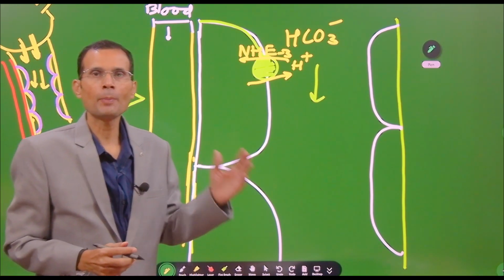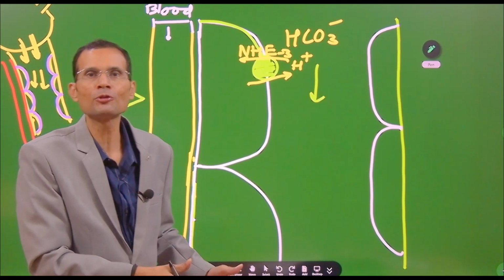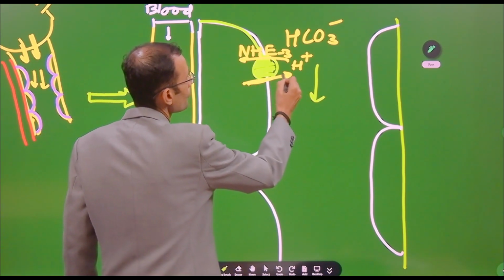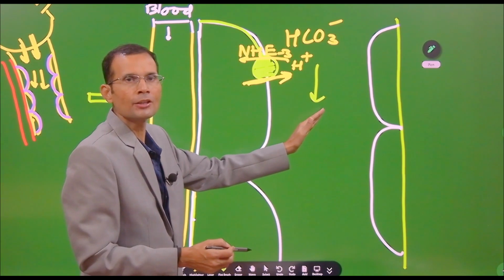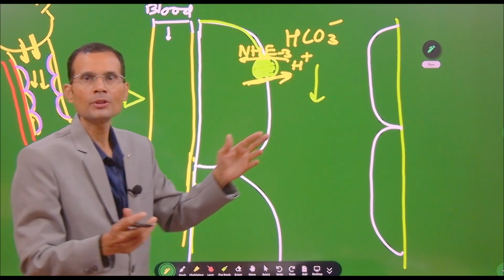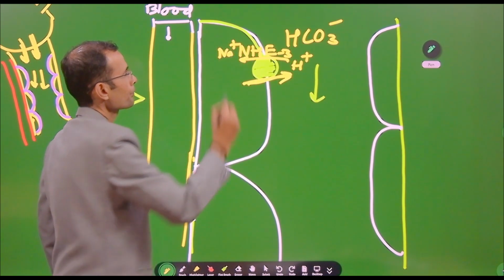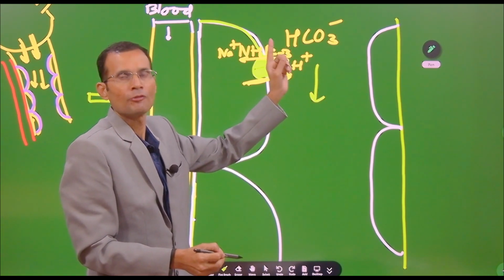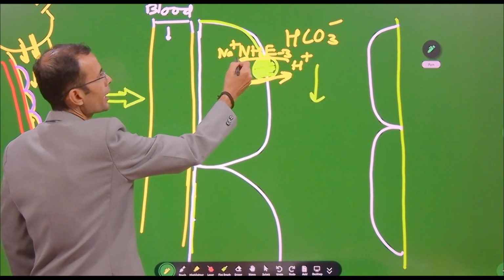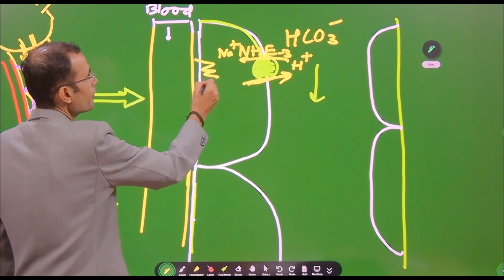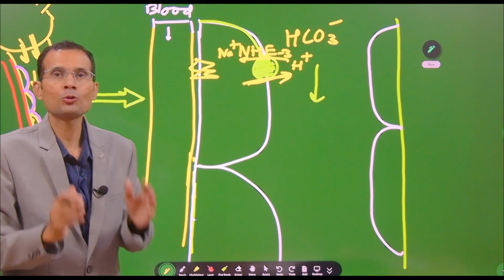As I mentioned, this bicarbonate has to be converted into some non-ionic form, only then will it be easily diffusible. So for that purpose, our starting point is that this NHE will secrete the H plus into the lumen so that it can bind with the bicarbonate, and the sodium has been removed. So sodium from the tubular fluid in the lumen is going to be reabsorbed as well in the PCT. Sodium came into the cell. Now everywhere in the nephron, on the basolateral side, there is the sodium potassium pump.